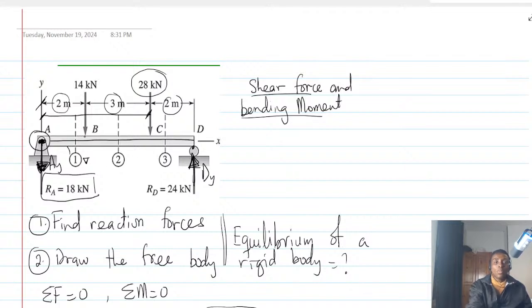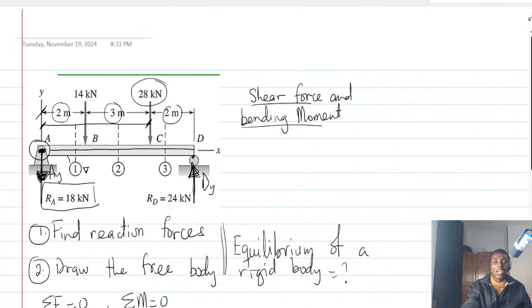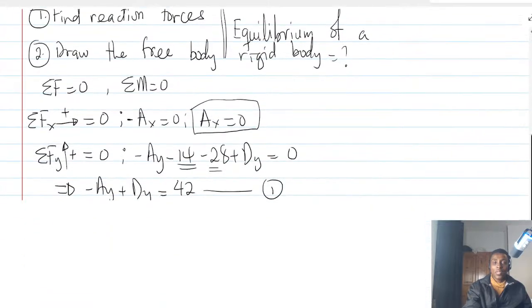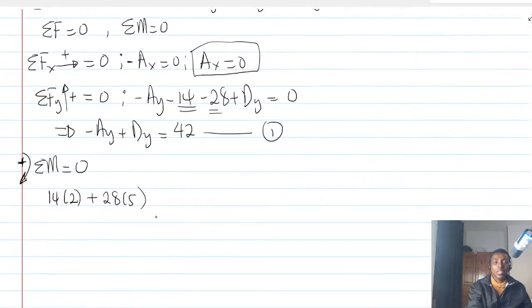So dy multiplied by 7, but it is counterclockwise, so it's going to be negative.